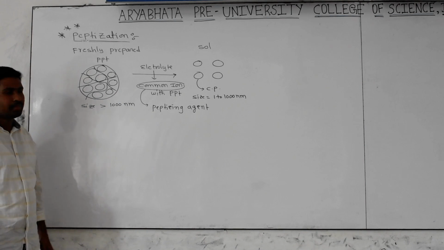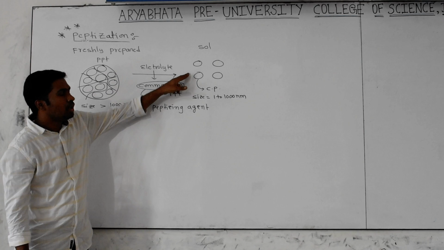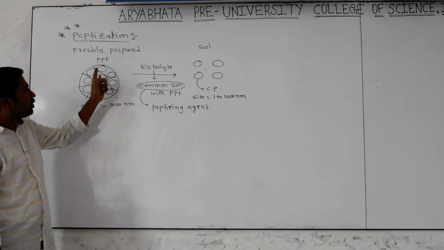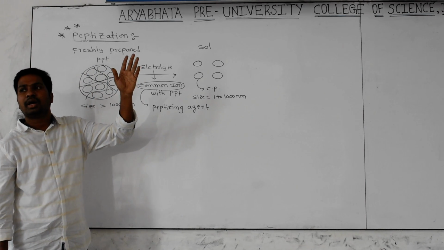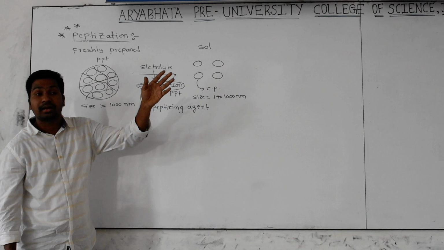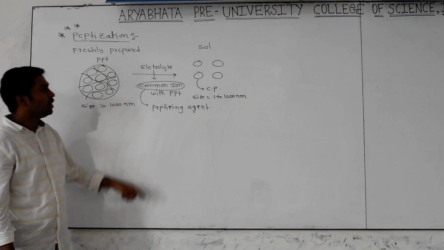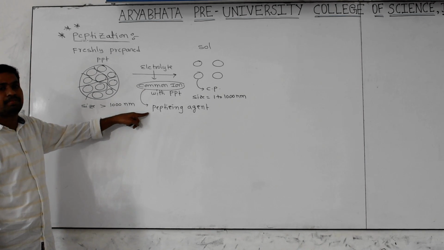Did you get it? Once again: the freshly prepared precipitate is converted into a sol by adding an electrolyte having a common ion with the precipitate. Then the precipitate breaks down into smaller particles in the colloidal range. This phenomenon is called peptization, and the common ion from the electrolyte is called the peptizing agent.